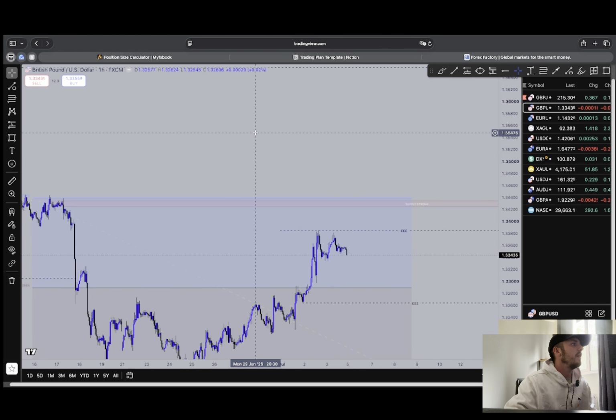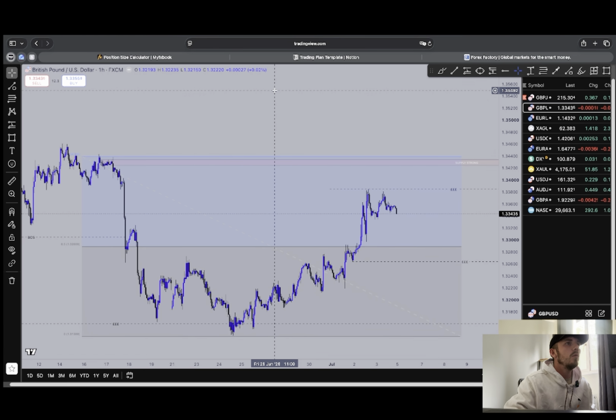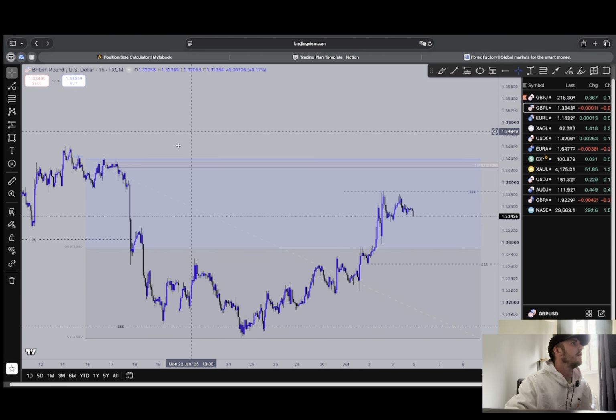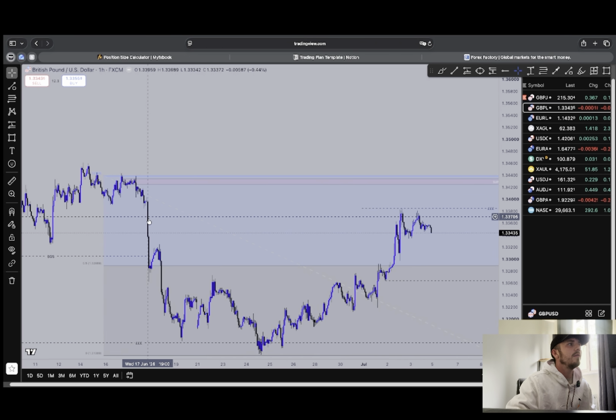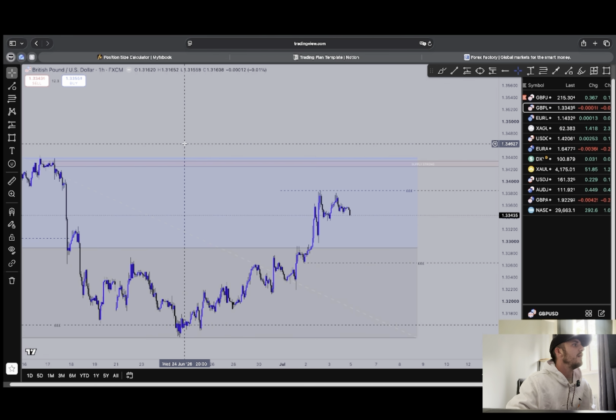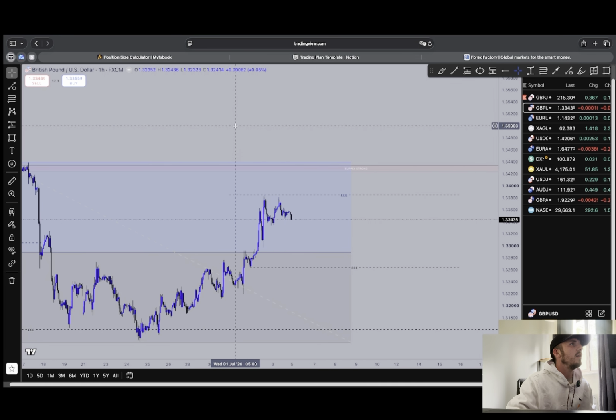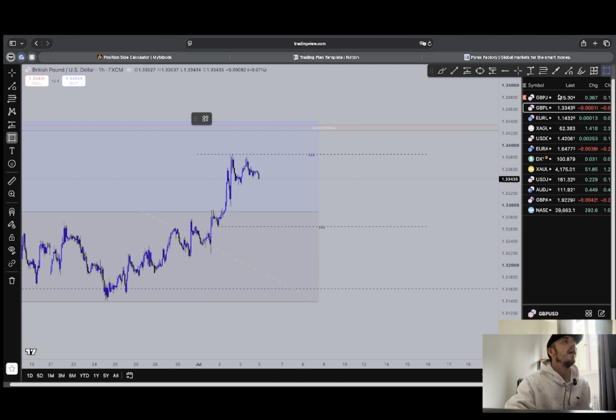Mark out any more supply and demand zones, order blocks, however you trade, or me personally, how I trade. But to the left here, we haven't really got much going on to stop it, other than this strong supply. So there's not a lot to mark out other than anything that will stop it from this side.